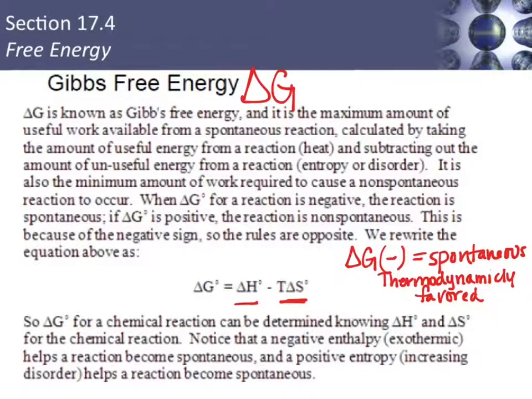Spontaneous just says, I want to do it. So if we were writing a paragraph with an explanation, they're going to want to see thermodynamically favored. If your delta G is positive, sorry, then it is non-spontaneous, so it is not thermodynamically favored.